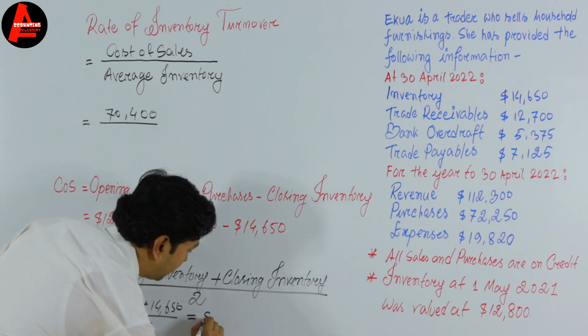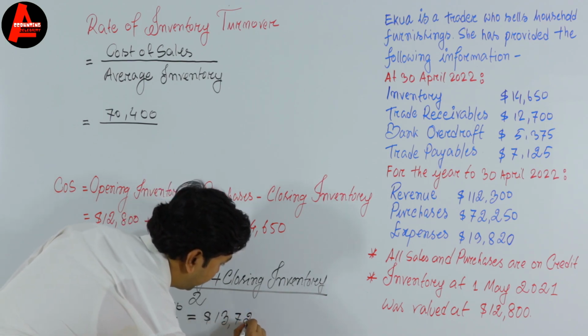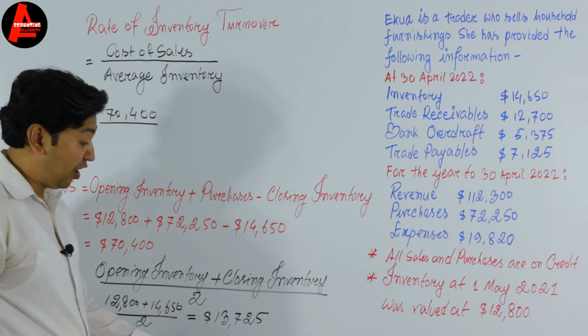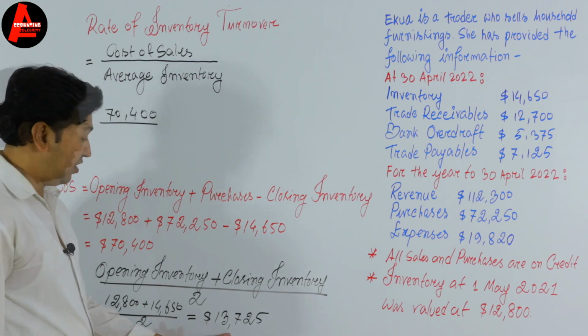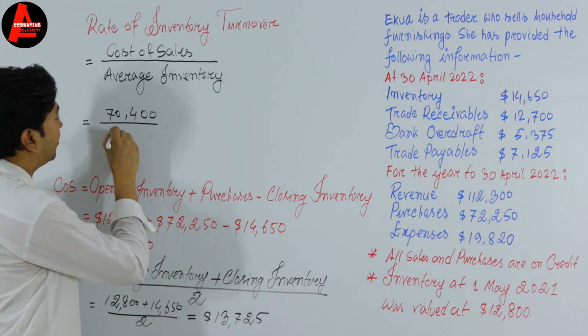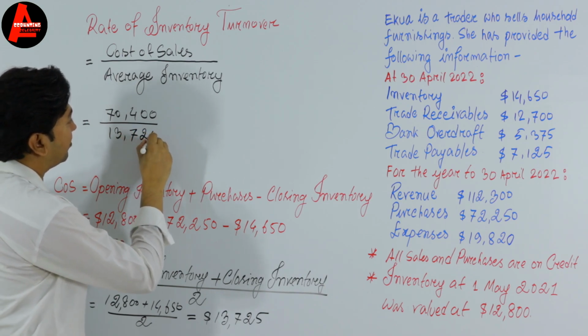We get 13,725. Okay, this is our average inventory. So now let us write here average inventory, 13,725.